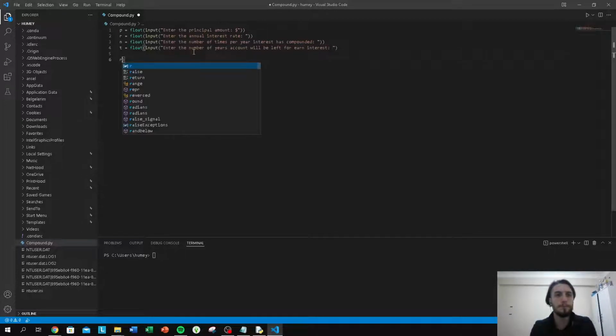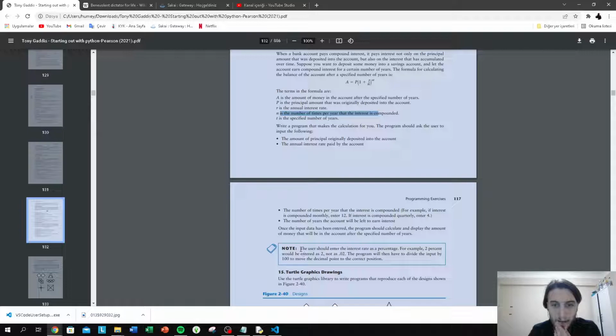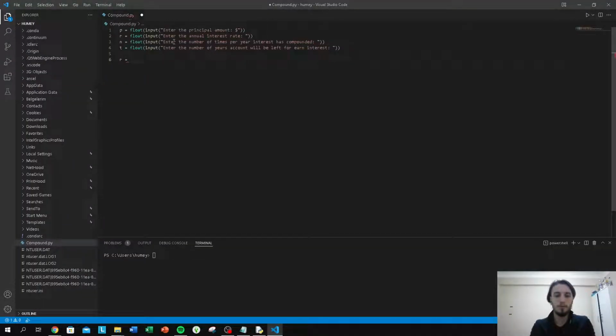So here we have to do something for our R rate, and we're doing this by just dividing it by a hundred, not like that, but like that. Or users can just give the interest rate like that instead of this.